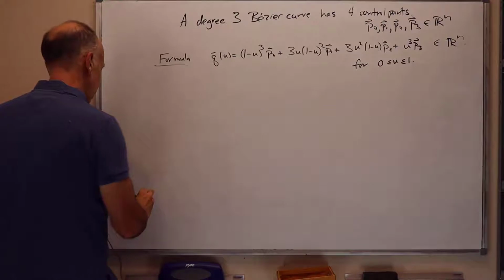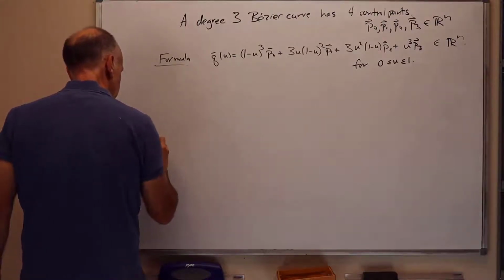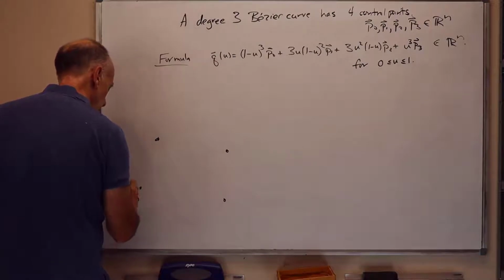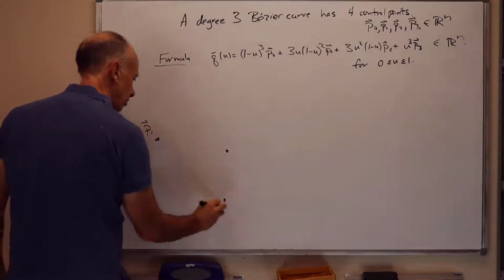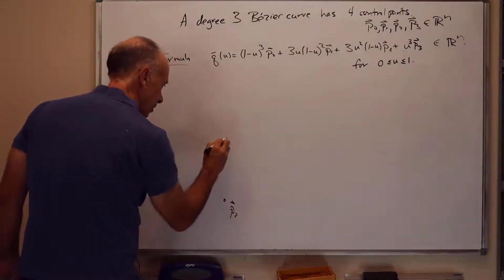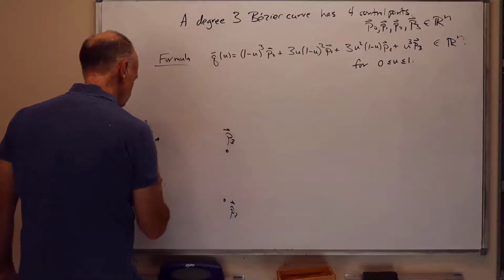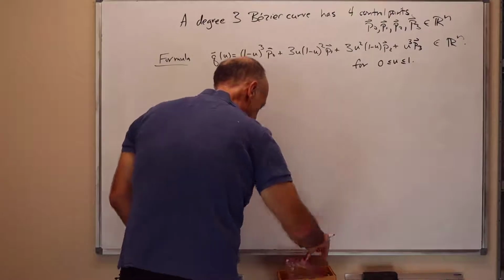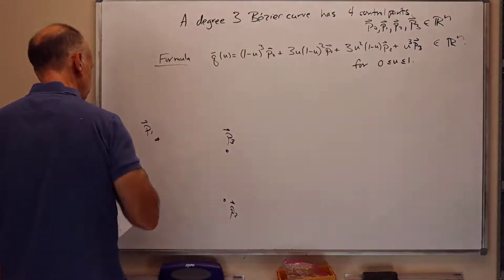And what it looks like is something like the following. I'll just do one configuration of points for the moment. Here's P0, here's P1, here's P2, and here's P3. We'll join them with straight line segments.